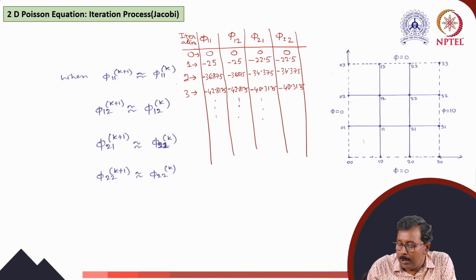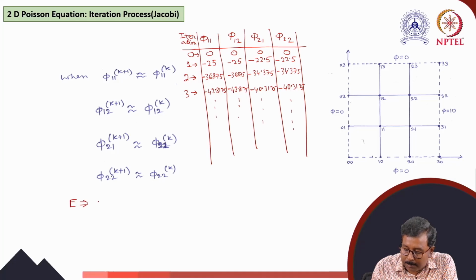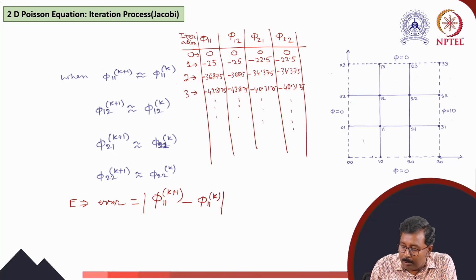You have to continue in this way until phi 1 1 at iteration k plus 1 is almost equal to phi 1 1 at iteration k, or you can set some error value, say E. Error E you can define as the modulus of phi 1 1 at k plus 1 minus phi 1 1 at k.